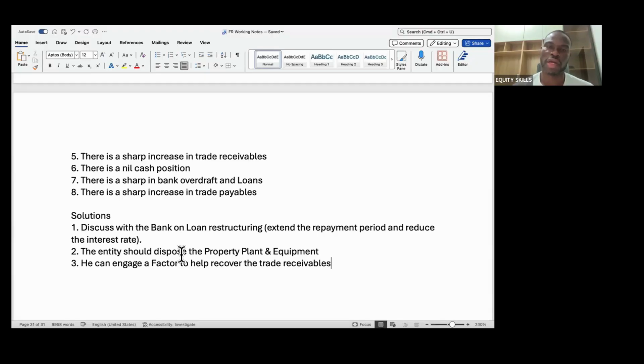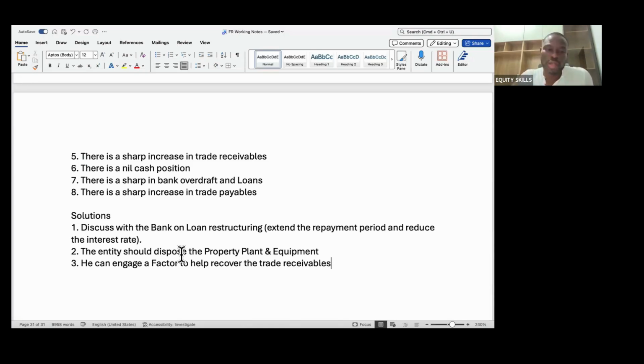They will say, okay, I'm going to give you 80%, then they will go after the 100%. So the 20% will be their own cut after they have recovered all the money. Depending on the agreement, especially by the time they look at the caliber of receivables and they are sure that they will get the money back, they will give you an advance. So you can engage a factor to help recover the receivables.